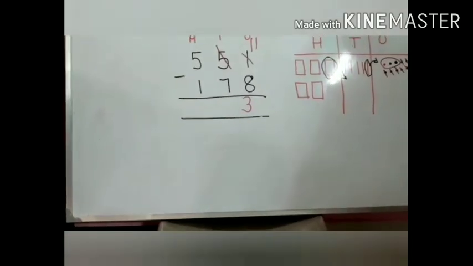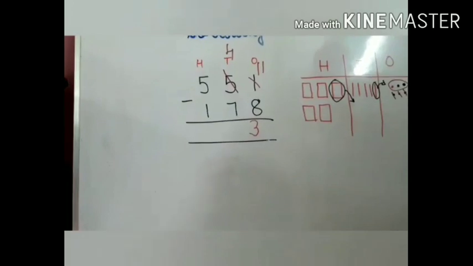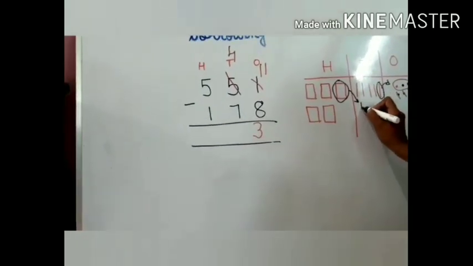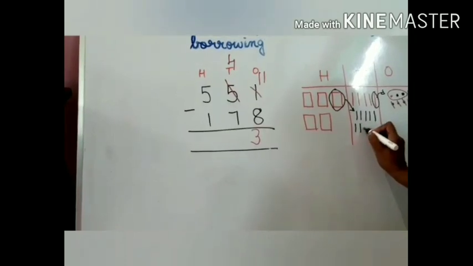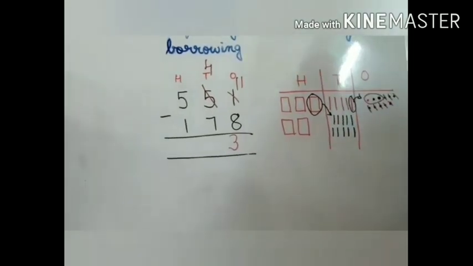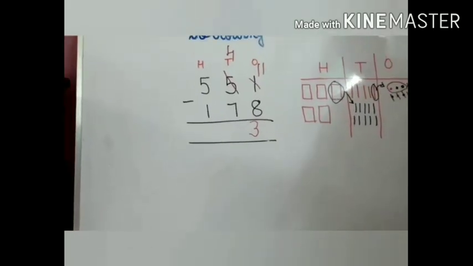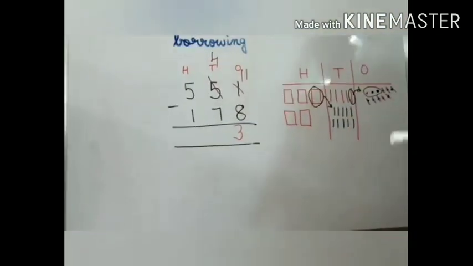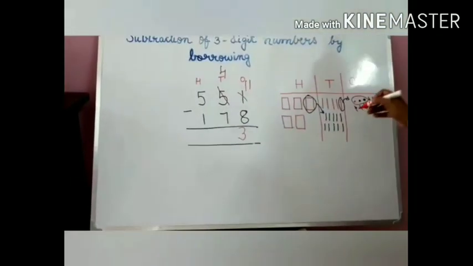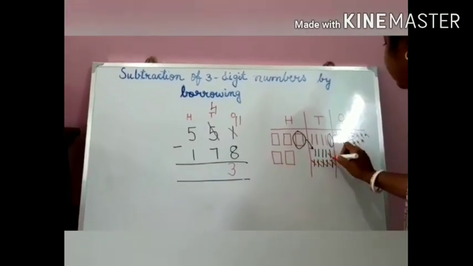So 100 has how many tens? 10 tens. So how many lines do I have to draw? 10. 1, 2, 3, 4, 5, 6, 7, 8, 9, 10. So this becomes 10 plus 4, 14. Now from 14 can I take away 7? Yes, it's possible. Take away 7: 1, 2, 3, 4, 5, 6, 7.